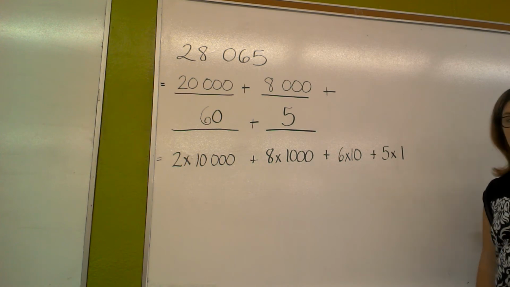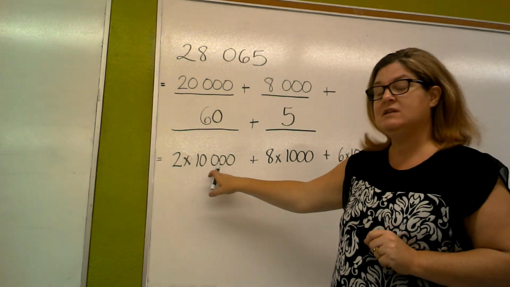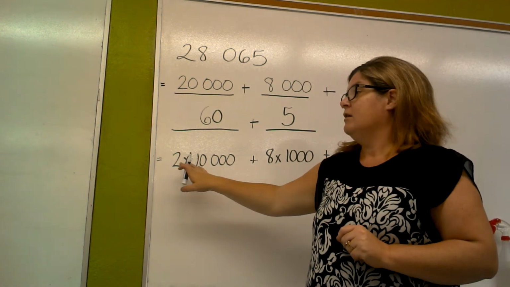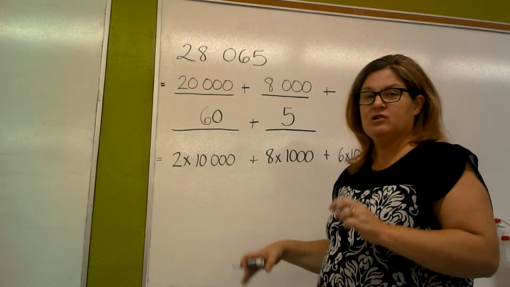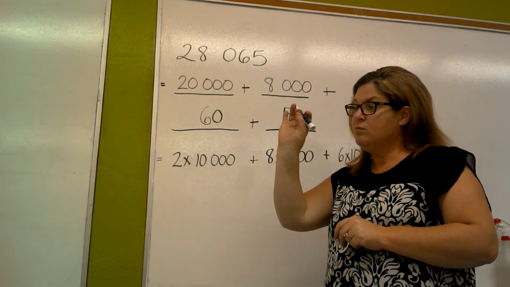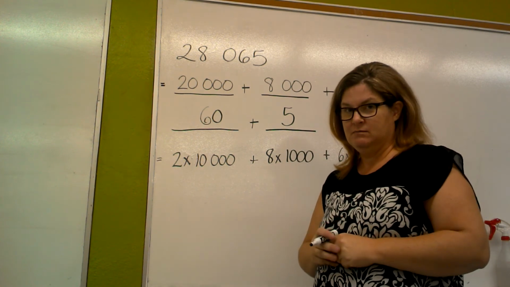So if you need to pause the camera again, you may do so. I would now like you to turn these into expanded form using powers of 10, which are bases of 10 with little exponents. Pause.